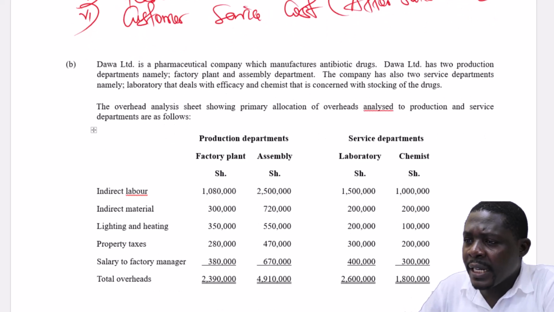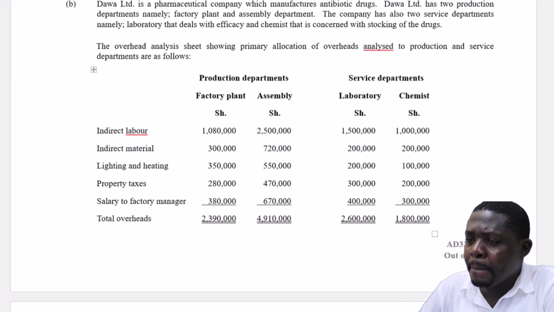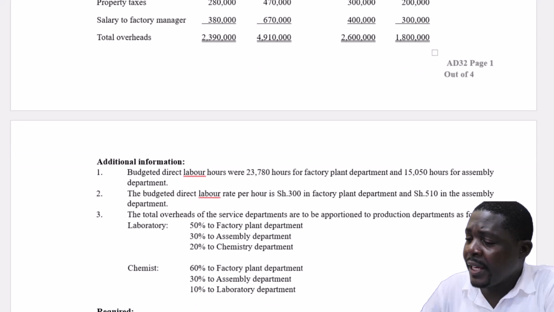The overhead analysis sheet showing the primary allocation of overhead to production and service departments is as follows. They have classified them. We have indirect labor, indirect material, lighting and heating, property, salary to factory managers, and so forth. And then we have the totals there.